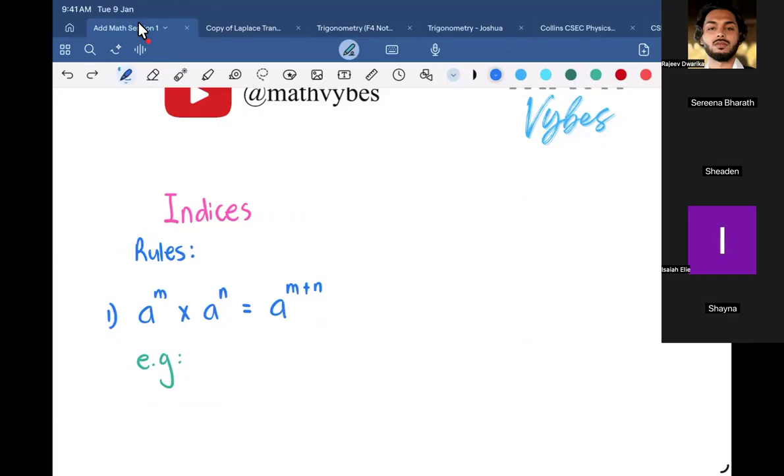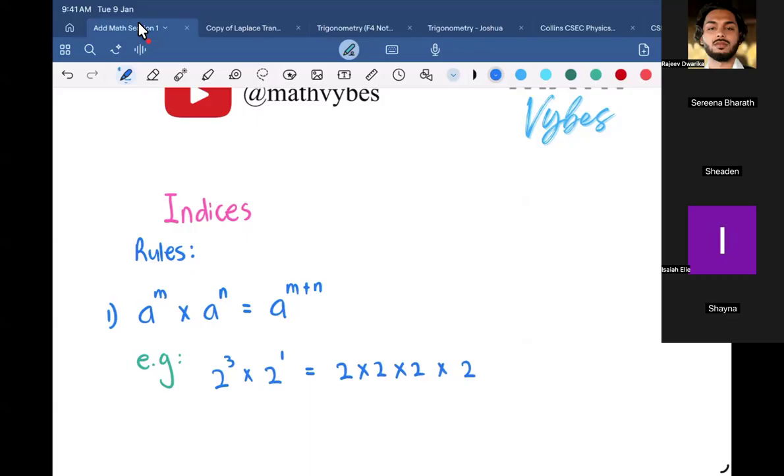So why, when we have the same base and we multiply, do we add the powers? Let's look at the most basic example. Let's say we have 2 to the power 3 multiplied by 2 to the power 1. Shina, doesn't this mean 2 by 2 by 2, that's 2 to the power 3, multiplied by 2 to the power 1, which is just 2? Yes or no?